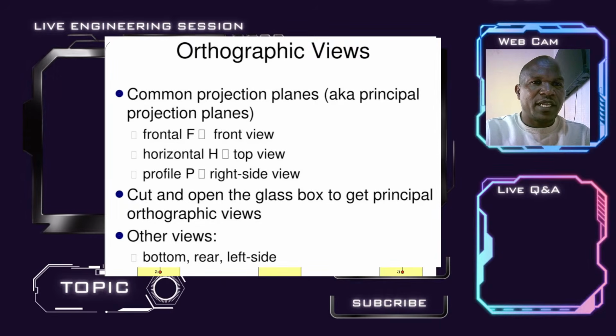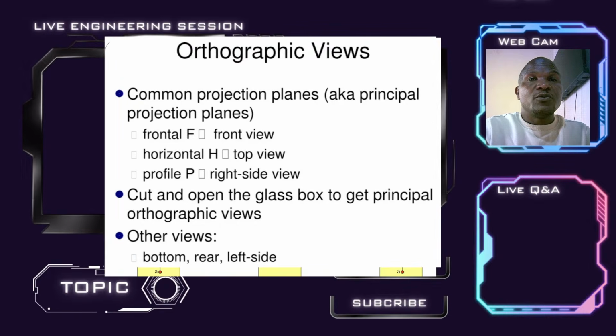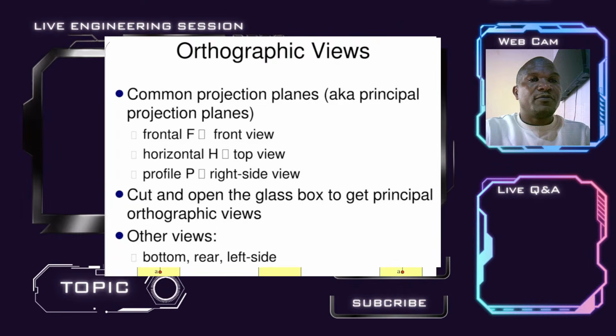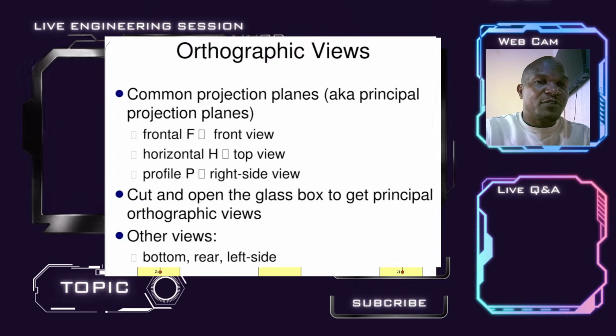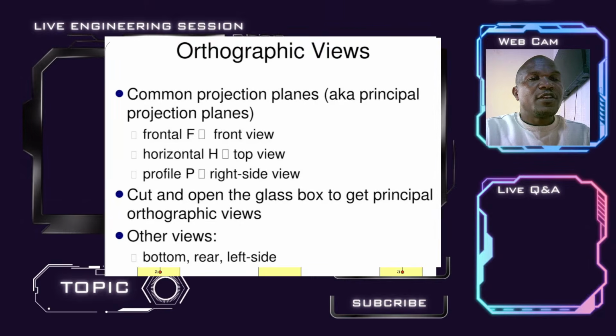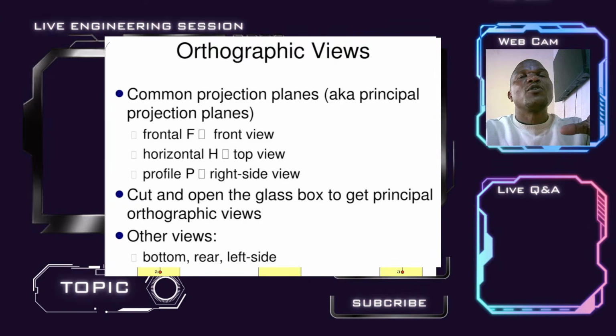They can be noted by different letters, depending on who is sketching. So we will always have the front view, the top view, and the right side or left side view, etc.